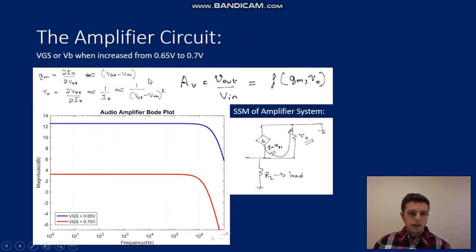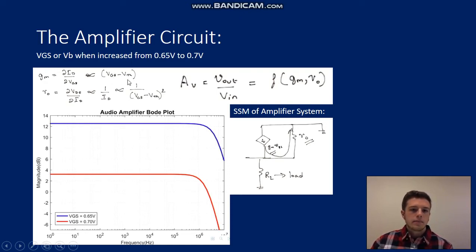Moving on to the amplifier circuit, one way to analyze this is to increase VB from 0.65 to 0.7 volts, and in doing so it changes the gain of the system, which is the V out over V in, which is a function of GM and R naught. And here we have our GM equivalent, and VB is equivalent to VGS.